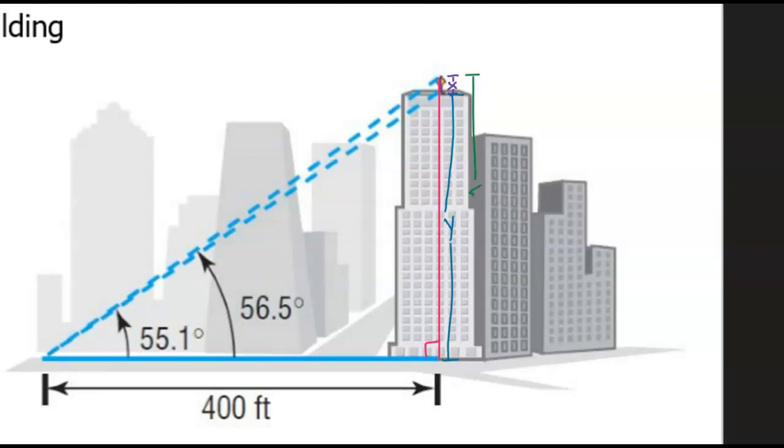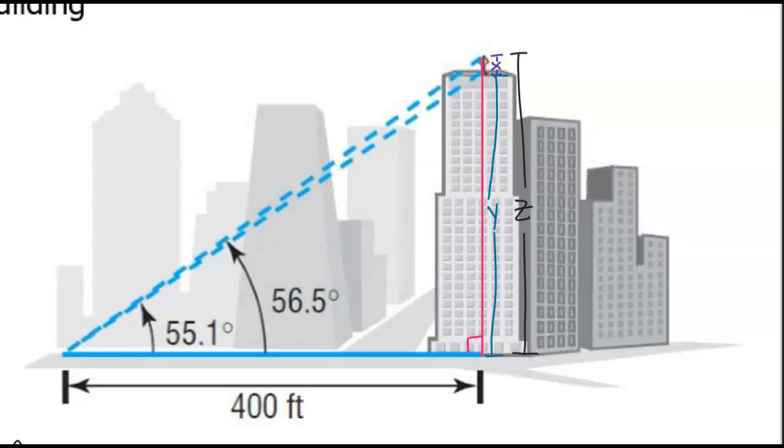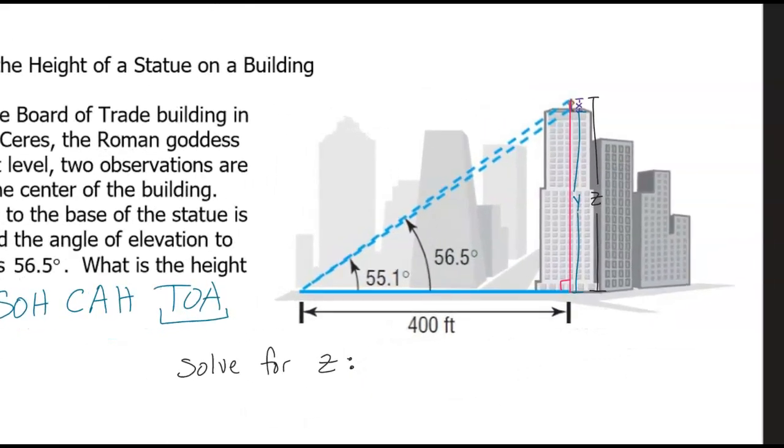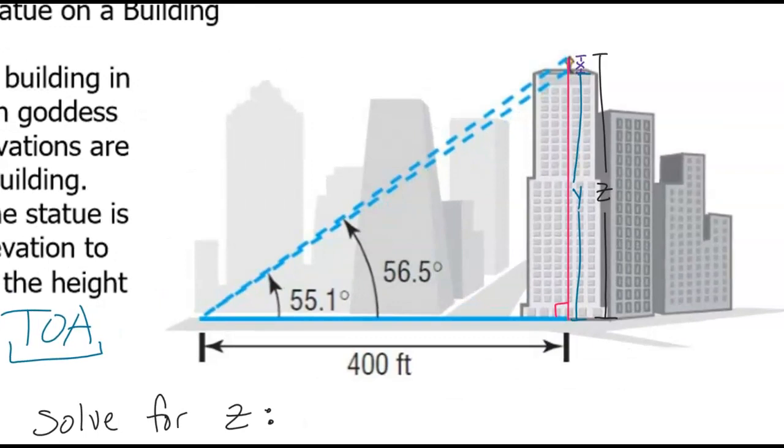We'll call that height z. And then we'll take z and subtract y to get the height of the statue x. Now first I'm going to solve for y. And y is that smaller triangle, meaning I'm actually utilizing that smaller angle there, 55.1. I'll call that theta.